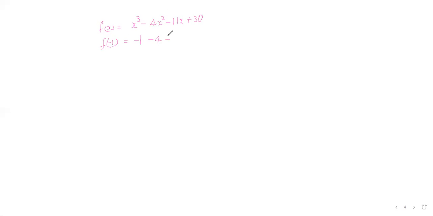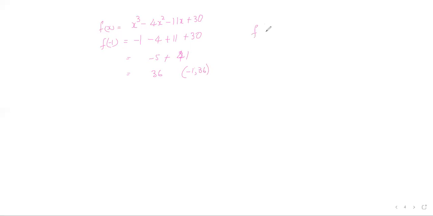Negative here is going to be plus 11 plus 30. This is 41 minus 5. This is 36. So the coordinates when x is negative 1, y is 36.